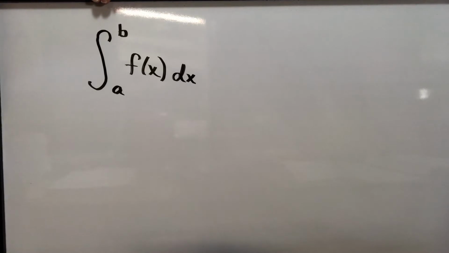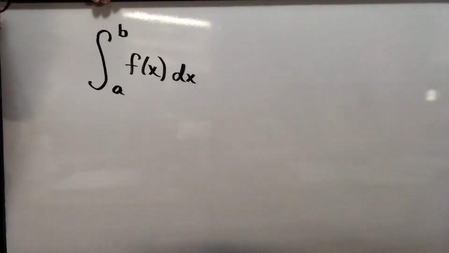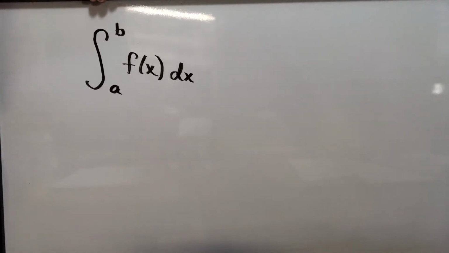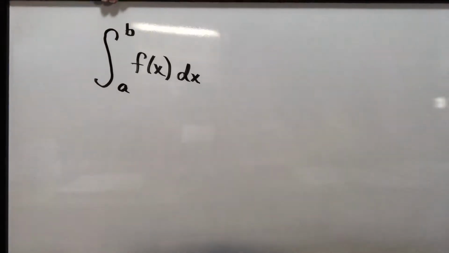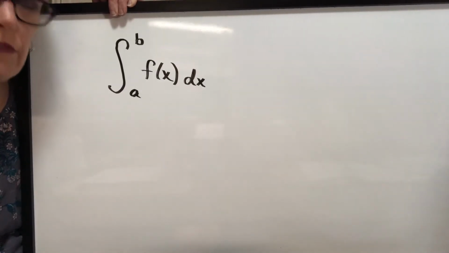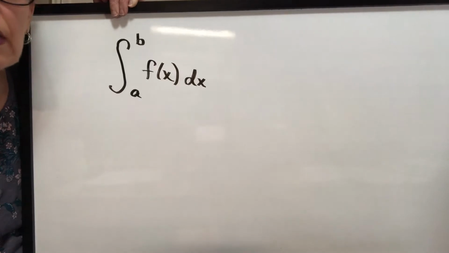This symbol was created by Leibniz. He was one of the first creators of calculus. And then there was another person named Isaac Barrow who later discovered integrals. And basically an integral and a derivative are inverses of each other, so that means what one does, the other one undoes.